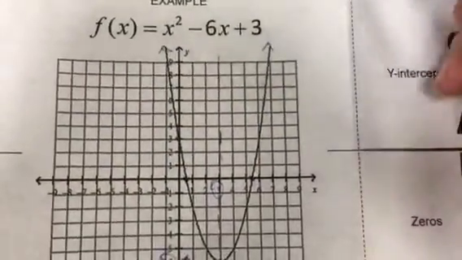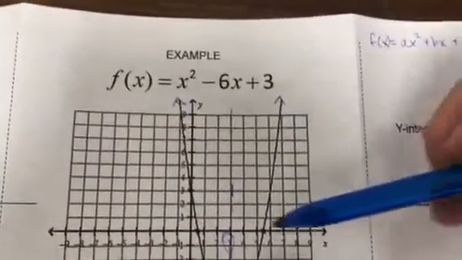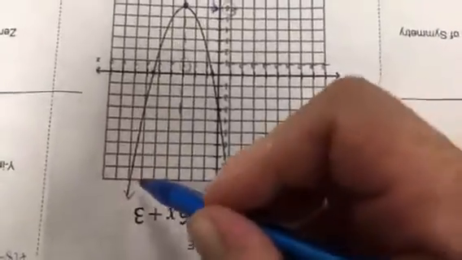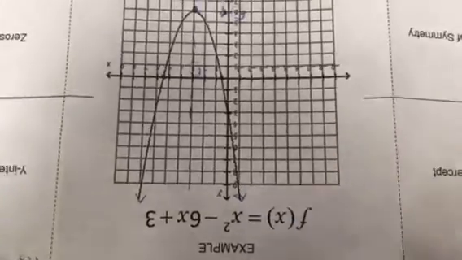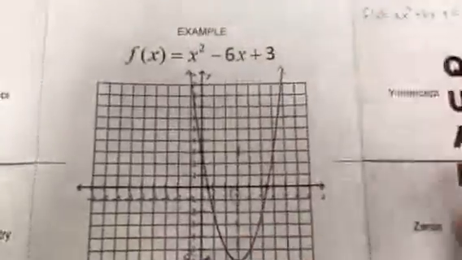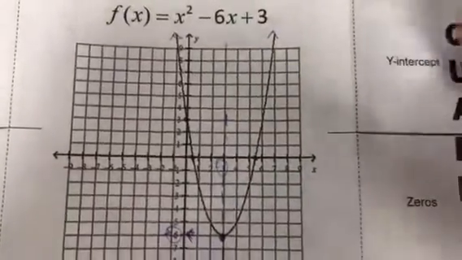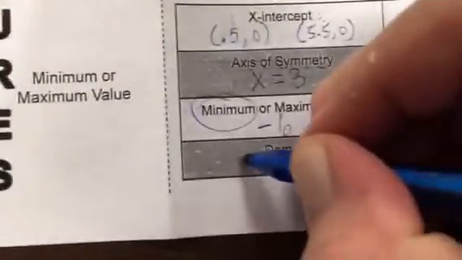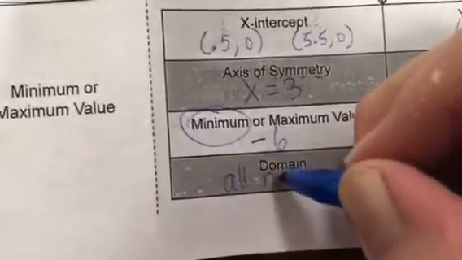This side of the graph will always go to the right forever, so we'll use all the positive x numbers. Even if it was flipped upside down and going the other way, it would still go to the left forever and go to the right forever. So the domain of quadratic equations is always all real numbers. Every single problem is going to be all real numbers.